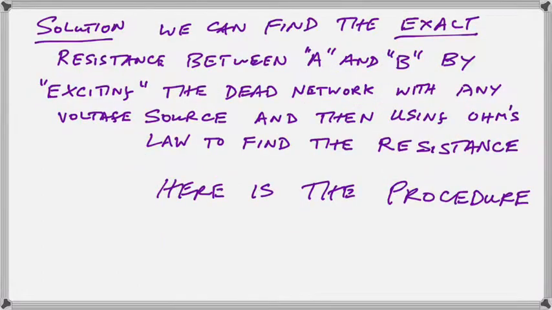Now we move on here to discuss a method that we can use to find the exact resistance between A and B. We can excite the dead network with any voltage source and use Ohm's law to find the resistance. That is a simple mechanism because Ohm's law directly relates the resistance between the terminals A and B to a current that is flowing when we excite it with a voltage source.